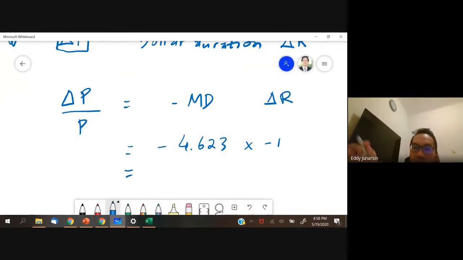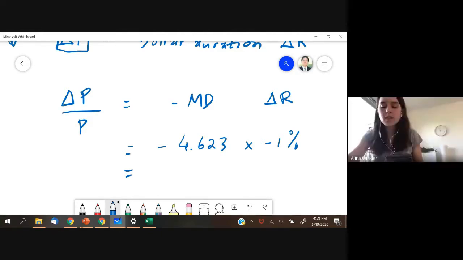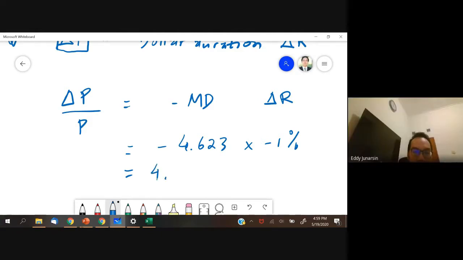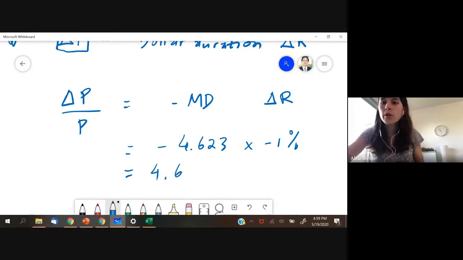So what is it? Minus 4.623 multiplied by minus 1%. So we get 4.6%. 4.662, I rounded.